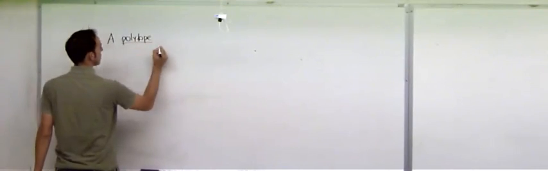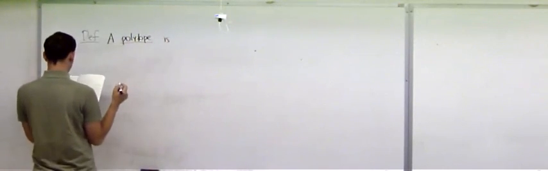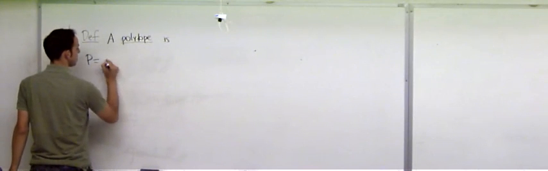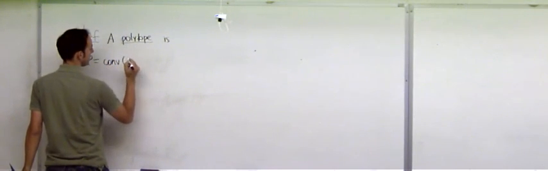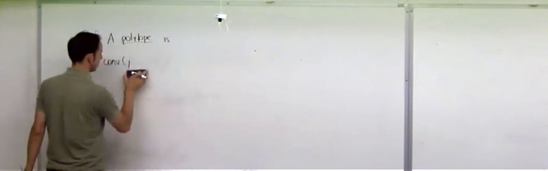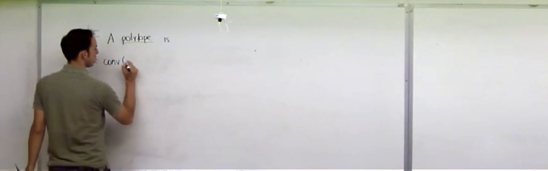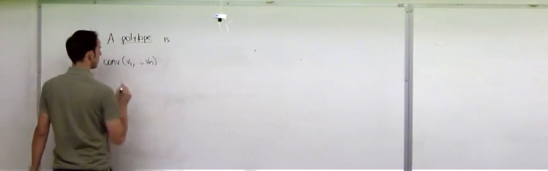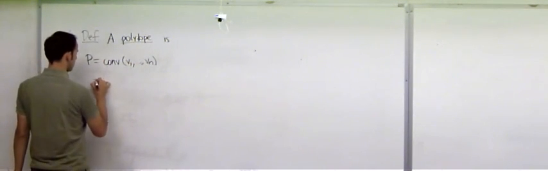So I said a polytope is something of the form P equals the convex hull of some points which I'm going to call V1 up to Vn. And I wrote this formula for it, right?